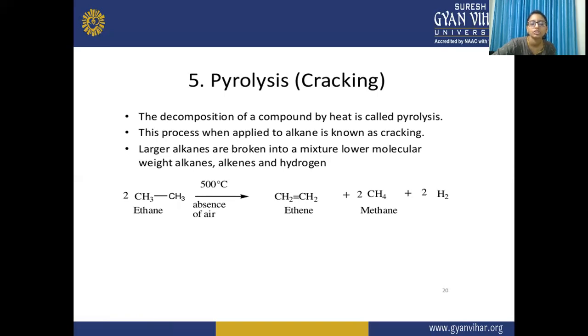So here CH3CH3, which is your ethane, when it is reacting, here we have taken 2 molecules of ethane. So here it is reacting at a very high temperature, which is 500 degrees centigrade, and it is happening in the absence of air. So here is a formation of ethene plus methane plus hydrogen.